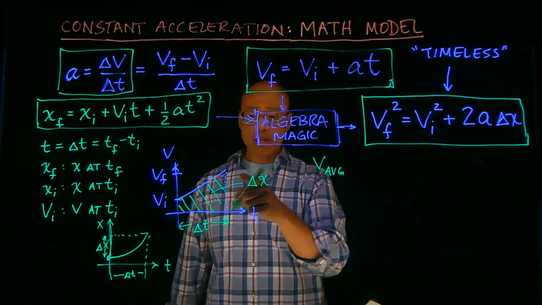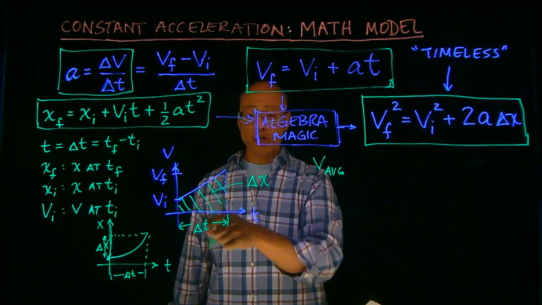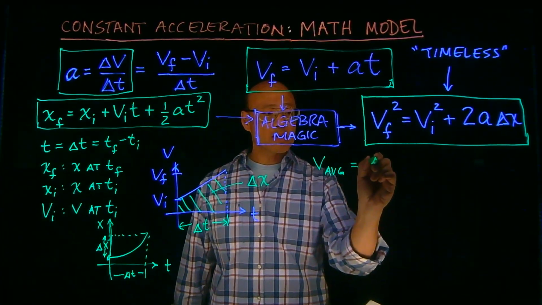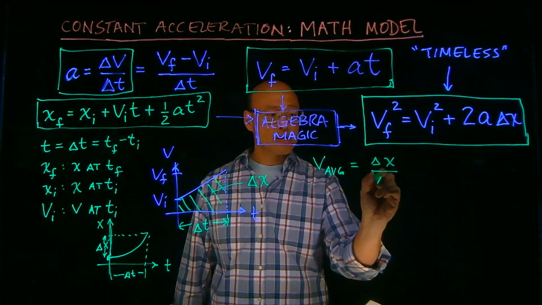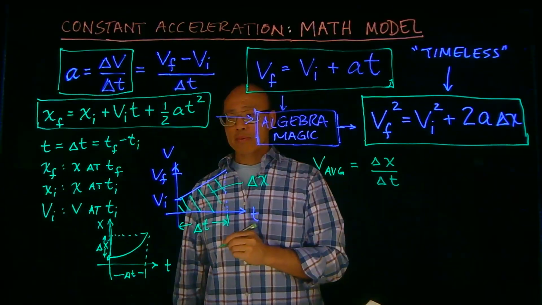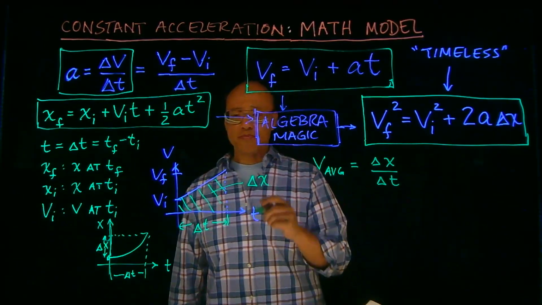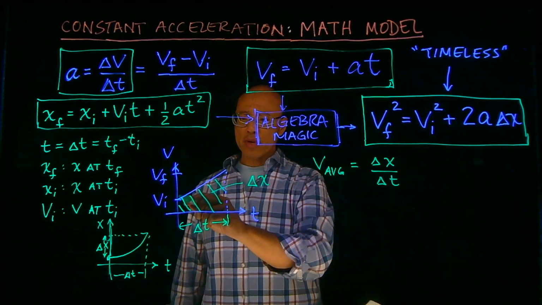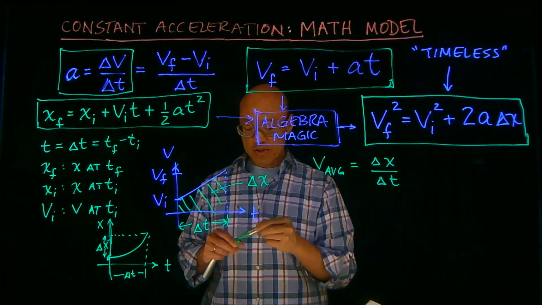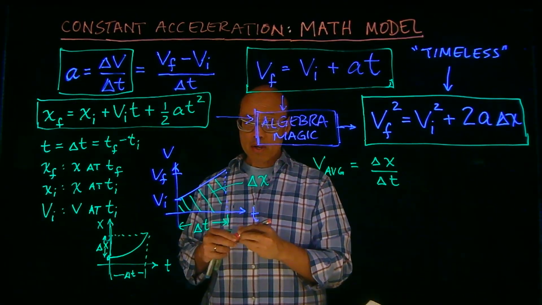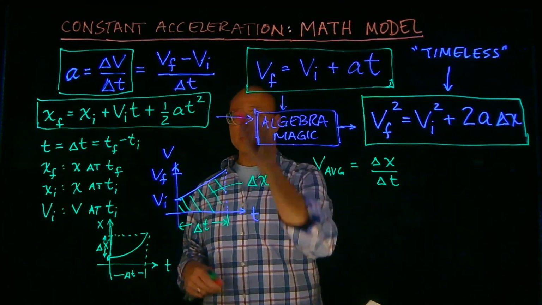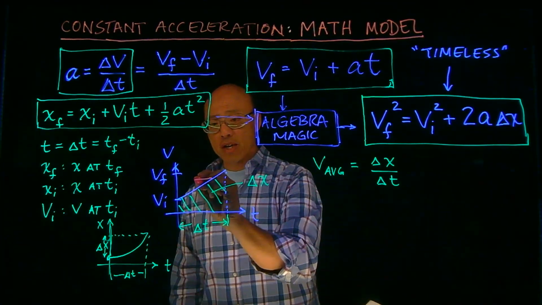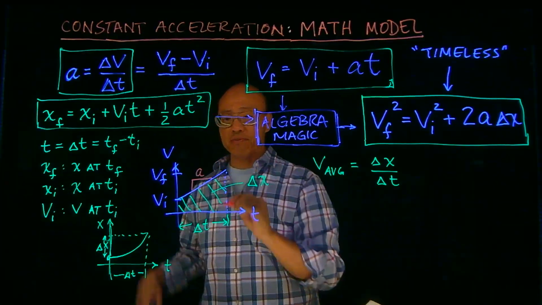But I also can talk about my average velocity for this journey. That's just going to be delta x over delta t. Well, it turns out that if you look at your average velocity and you have this situation where, and here's the big caveat, what's our boundary condition? Constant acceleration. So the blue line has a constant acceleration of a.